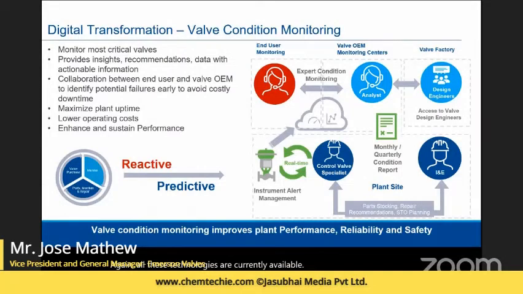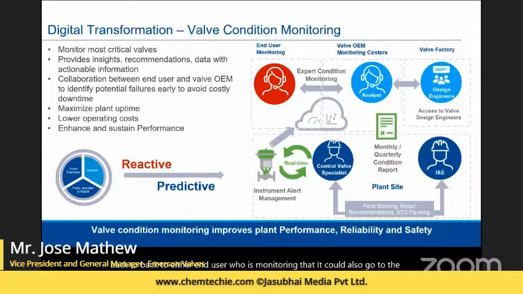Similar methodology like we saw in the last slide. You have smart digital valve controllers, which have multiple sensors embedded. You can sense a lot of valve parameters, which can be fed back either to the end user who is monitoring that, or it could also go to the valve OEM specialist, who can interpret that data.